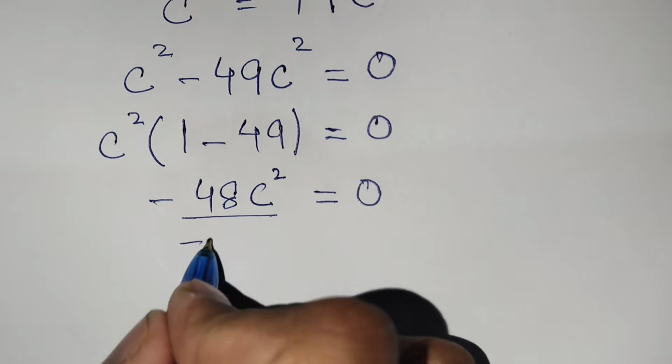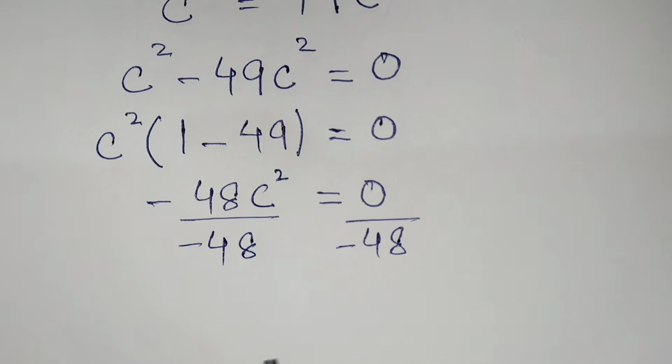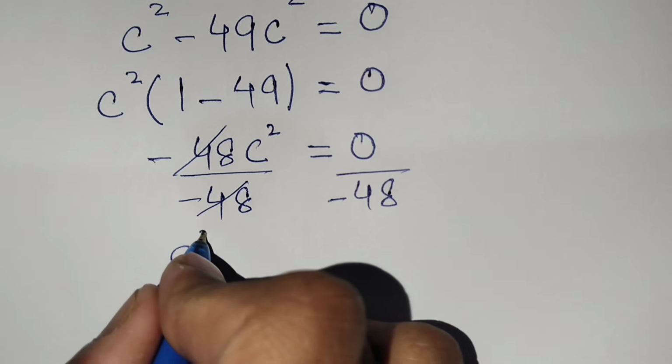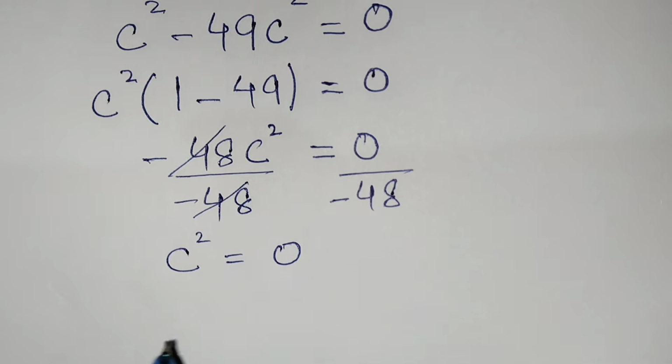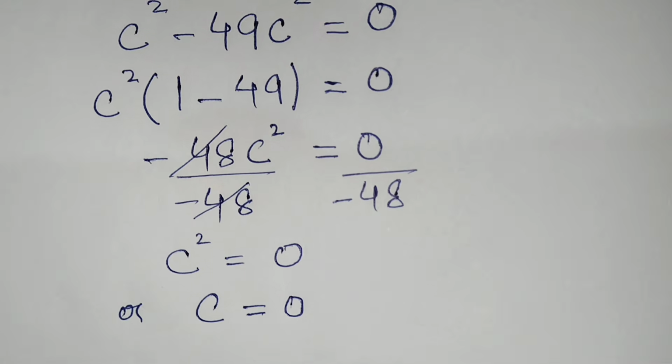Divide both sides by minus 48, cancel. We have c square is equal to 0, or the final value of c is 0.